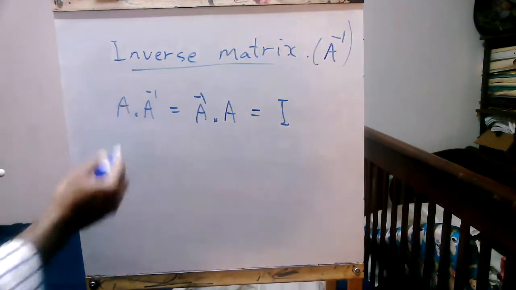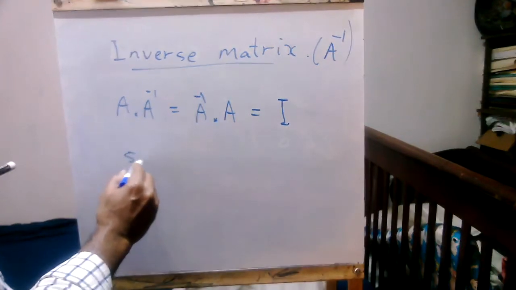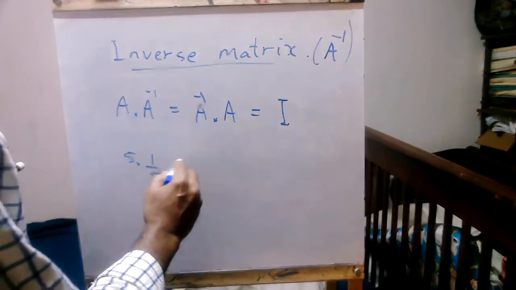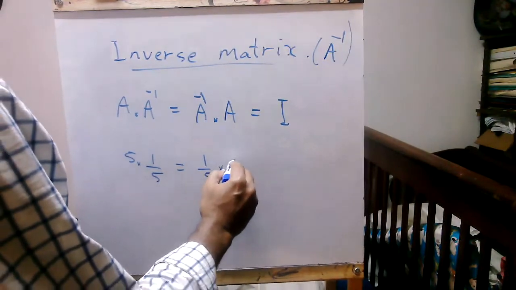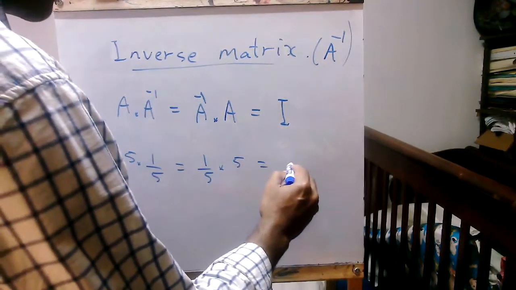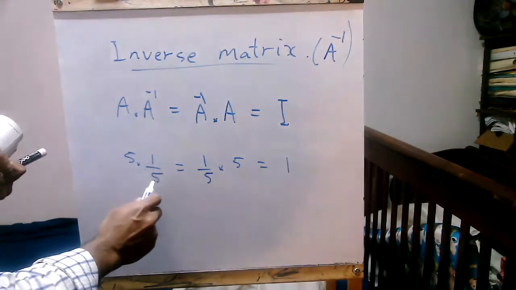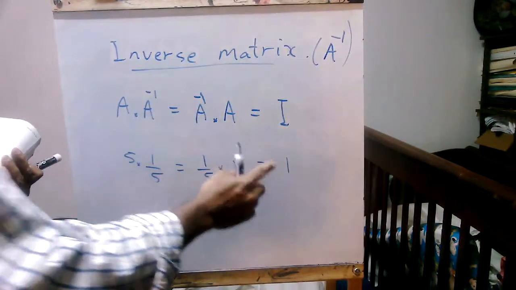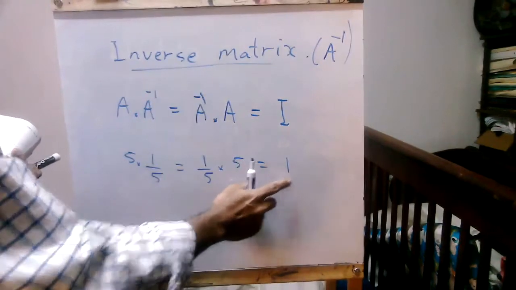Now, in case of numbers, if you multiply 5 with 1 over 5, this is same as 1 over 5 multiplied with 5, we get 1, right? That's the similarity. The difference is with numbers, identity element in the multiplication is always 1.